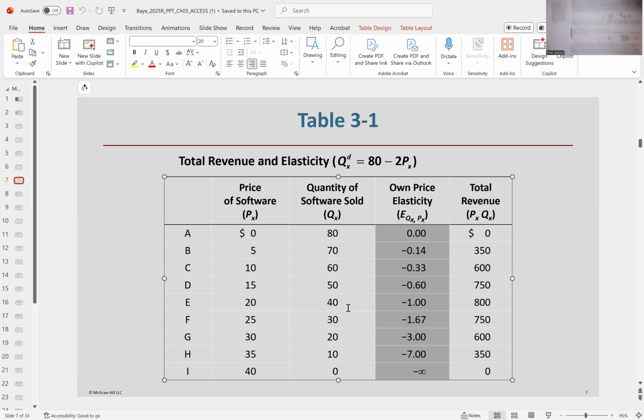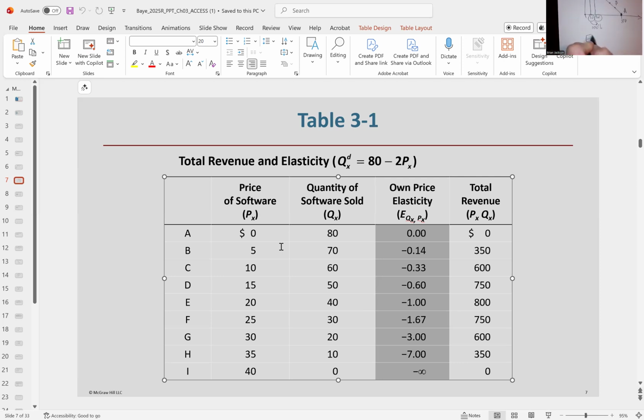Now, why did I mention that? I want to mention it with respect to the formula on the screen for this demand curve: Q is 80 minus 2P. This formula tells you how to find the price elasticity of demand.